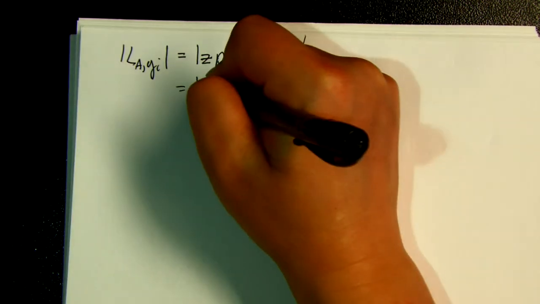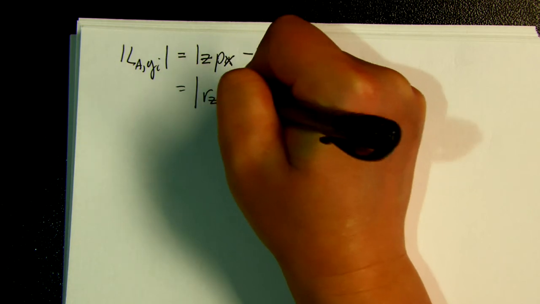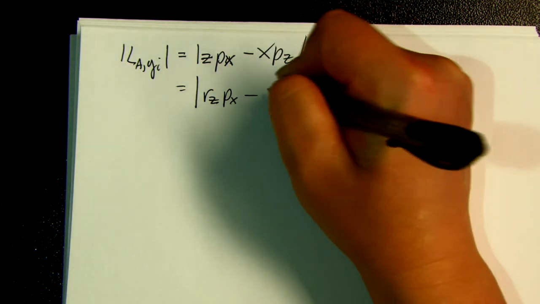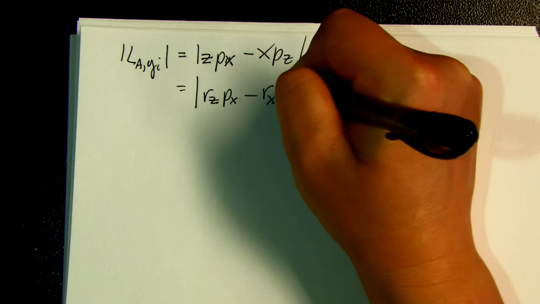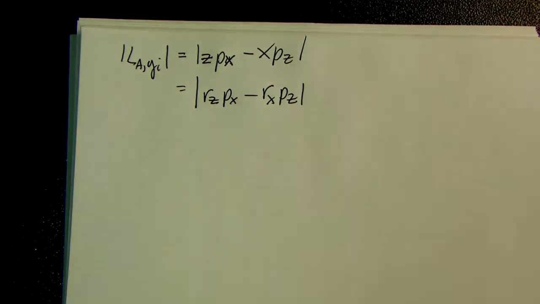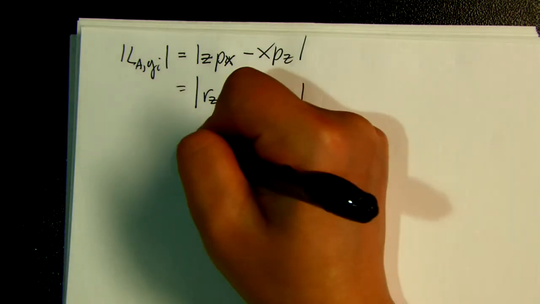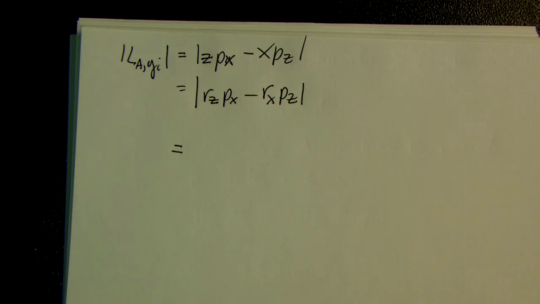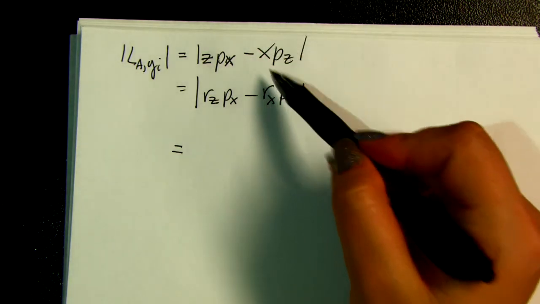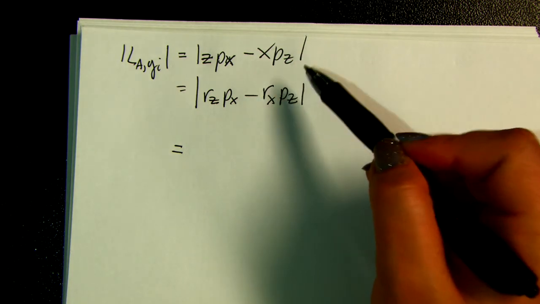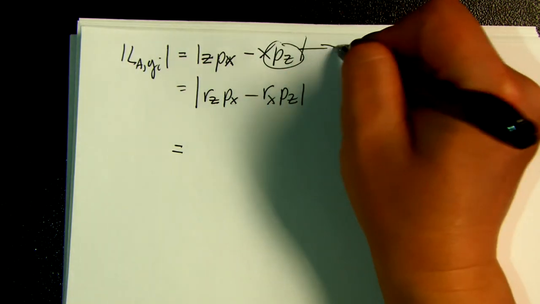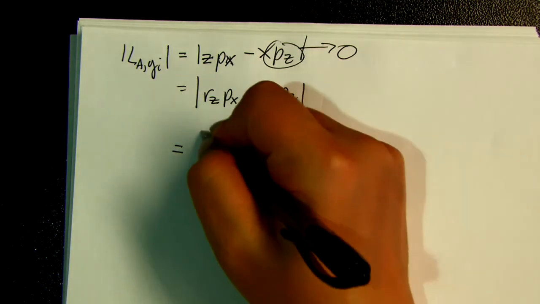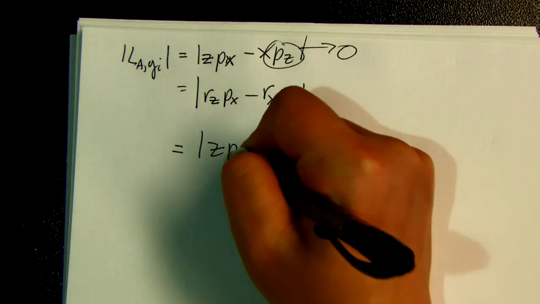Then you could write this as r sub z p x minus r sub x p z. Same thing. Okay, so we know that the momentum in z is equal to 0. So this component goes to 0, and all we really have is z p x.